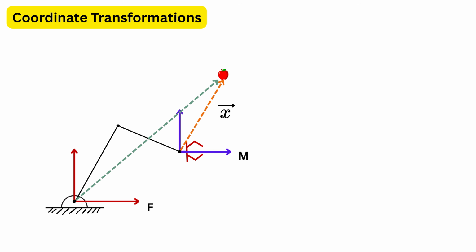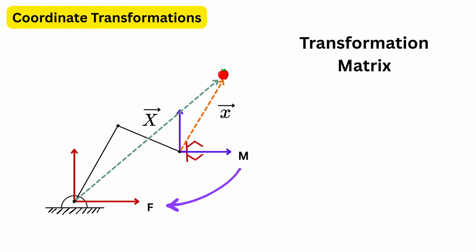Then, if I want to find the position vector big X, which is the position of the same object, but now expressed in the fixed or the global frame, we need to transform the coordinates from the moving frame to the fixed frame. This transformation is done using a transformation matrix, usually denoted T. It combines both rotation and translation and allows us to map coordinates from the moving frame to the fixed frame.